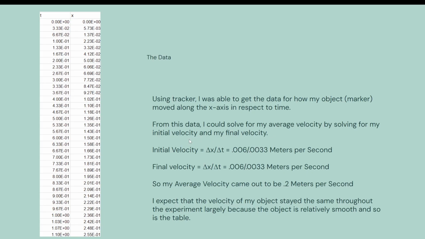For my final velocity, using these two data points, I got 0.2 meters per second. I think that my initial and final velocity are the same because of how my experiment was set up. Both my marker and the table I used are pretty smooth surfaces, so friction was pretty minimal, so that kind of makes sense that my initial and final velocity were the same.